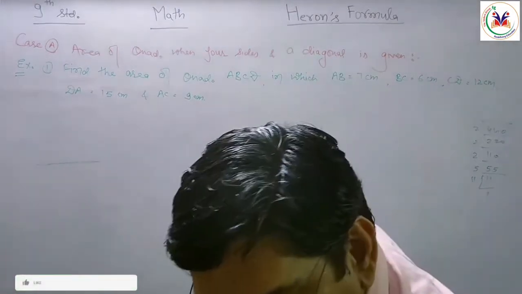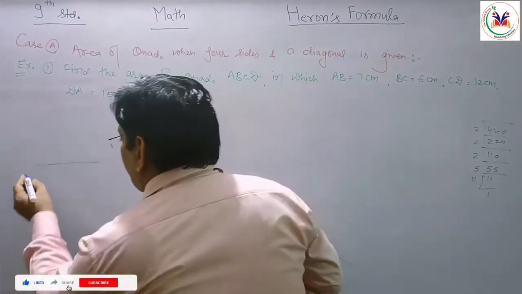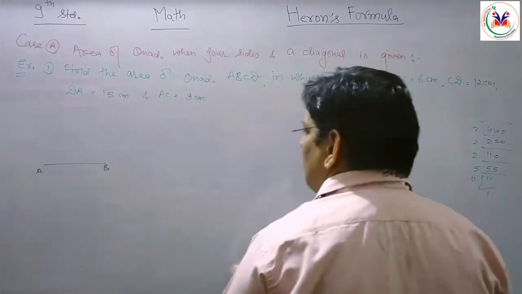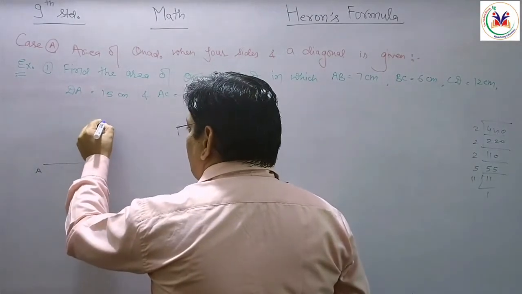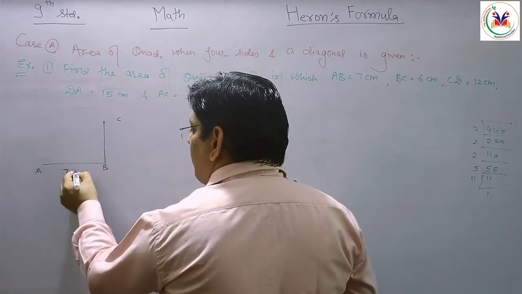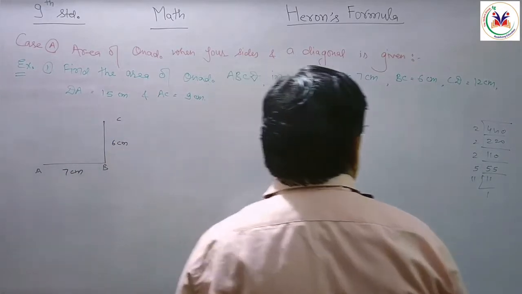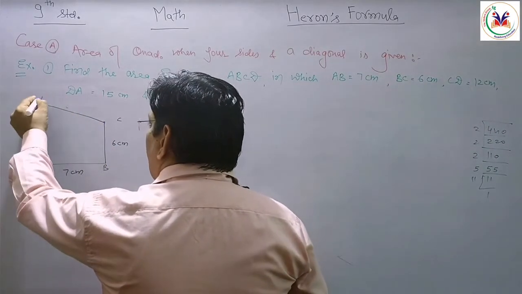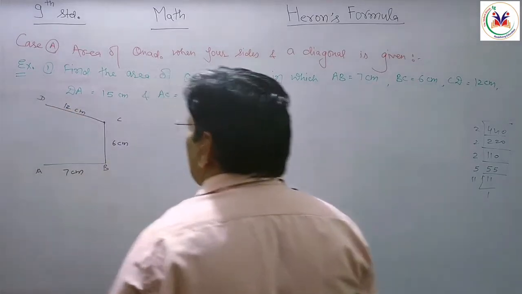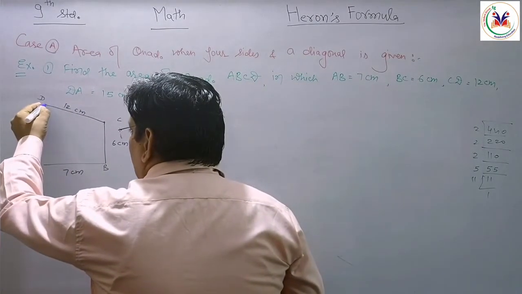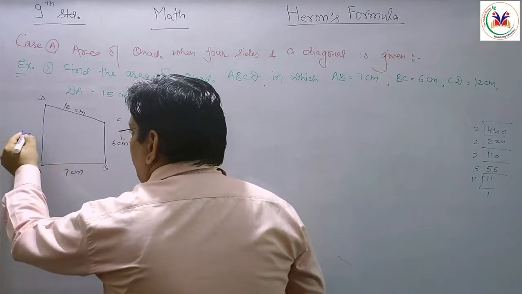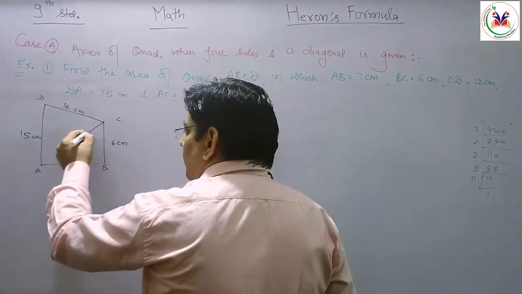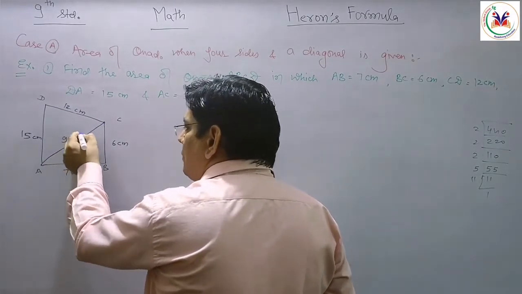AB is 7 centimeter, BC is 6 centimeter, CD is 12 centimeter, DA is 15 centimeter and AC is 9 centimeter.